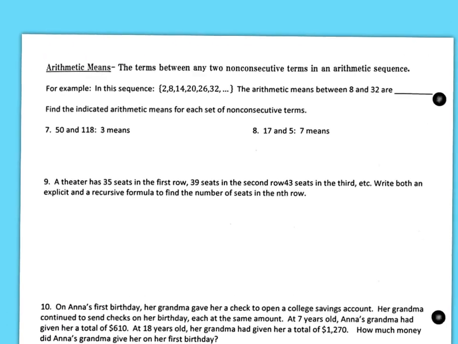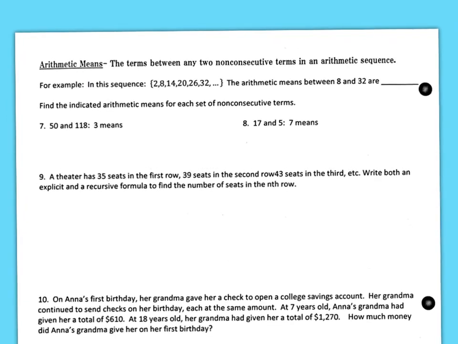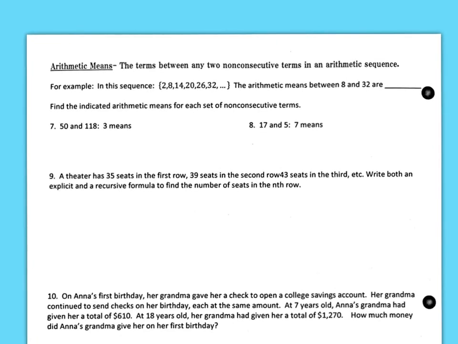Arithmetic means. Now, I know you may not remember, but you did geometric means in geometry when you did right triangle stuff. Yeah, I know. Nothing, right? You don't remember. So arithmetic means are the terms between any 2 non-consecutive terms. I don't know how many terms there are. It could be 5 means between them.